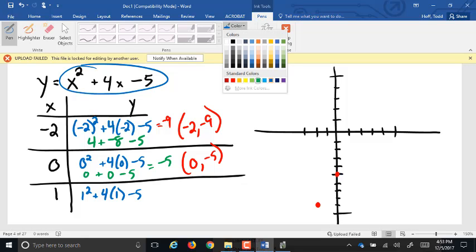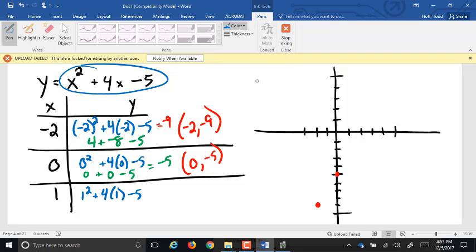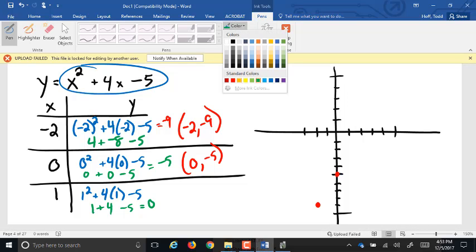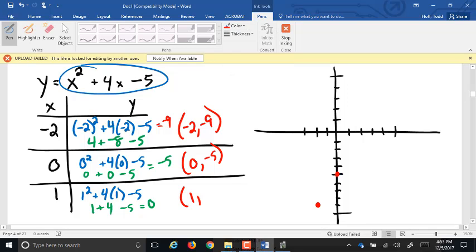Well, 1 squared is 1. 4 times 1 is 4 minus 5. 1 plus 4 is 5 minus 5 is 0. So that's going to be 1, 0. So 1, 0 is right there. Now looking at that, it looks like this might not be a straight line. That looks kind of curved there.